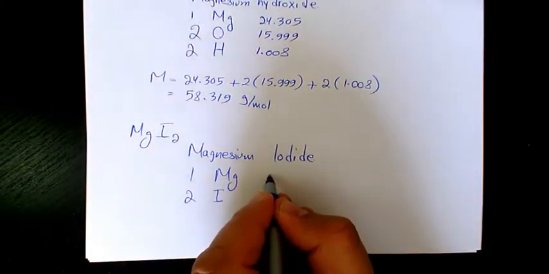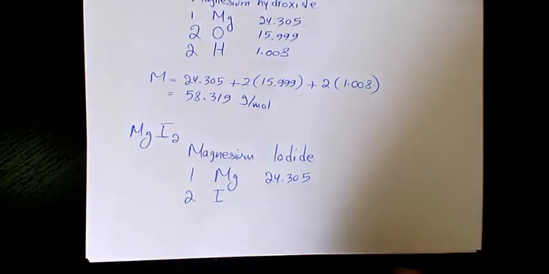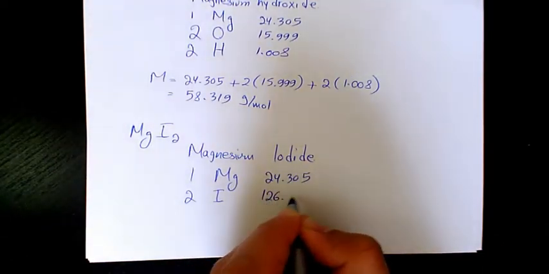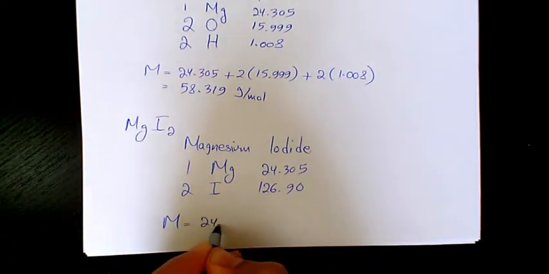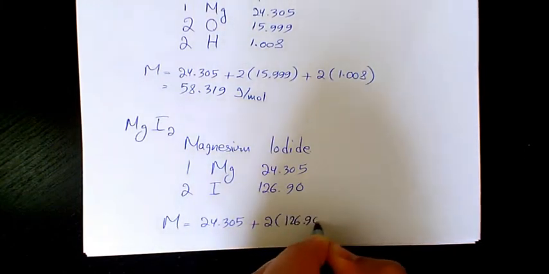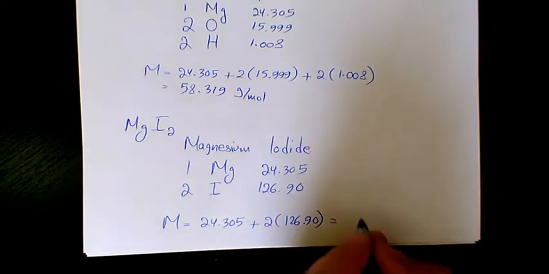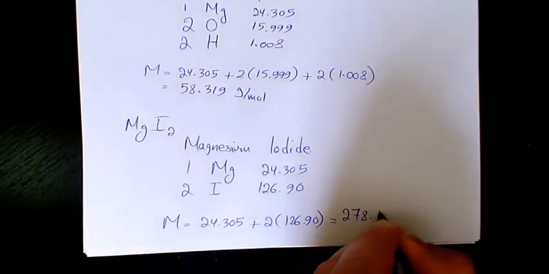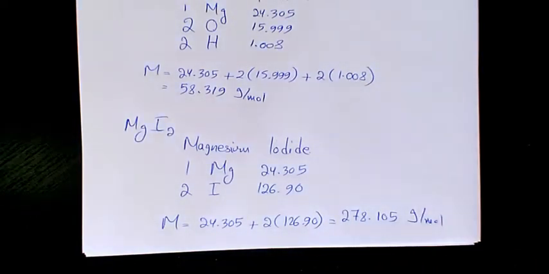The atomic mass of magnesium is 24.305 and the atomic mass of iodine is 126.90. So the molar mass is 24.305 plus 2 times 126.90. 278.105 grams per mole. That's the molar mass of magnesium iodide.